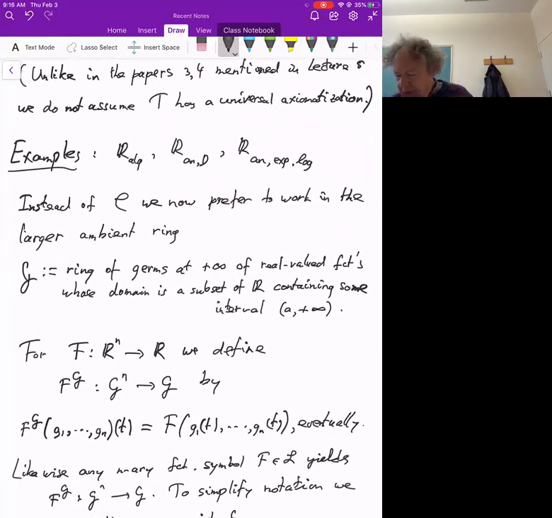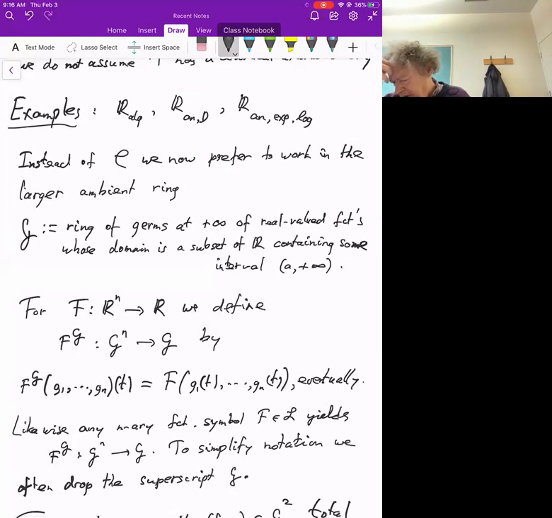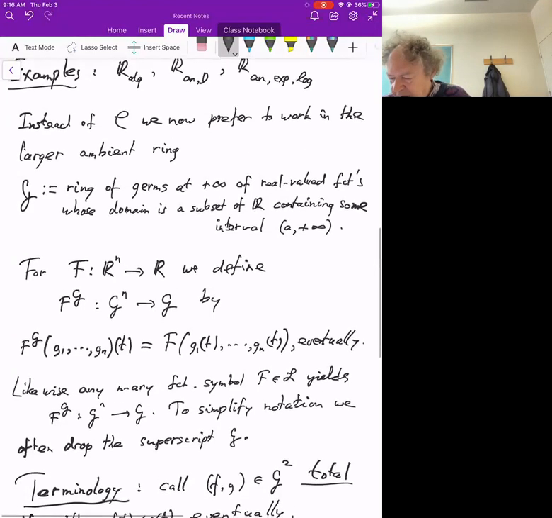Anyway, we also then, for every function F on the reals, extend it to a Henson function on script G, in a sort of obvious way, right?